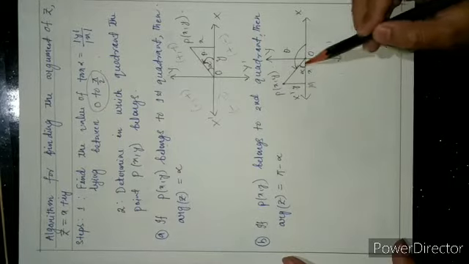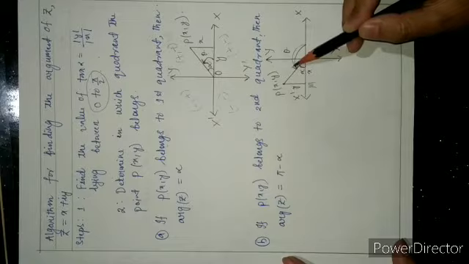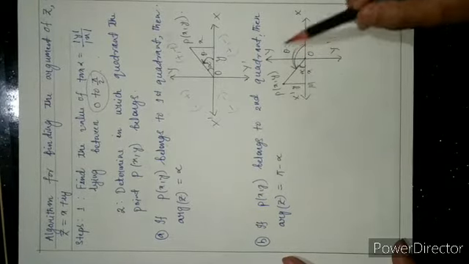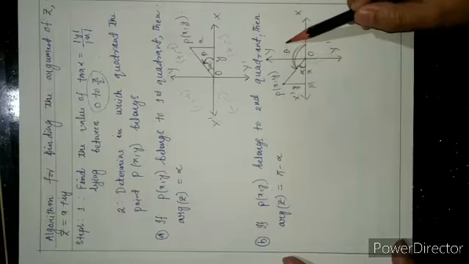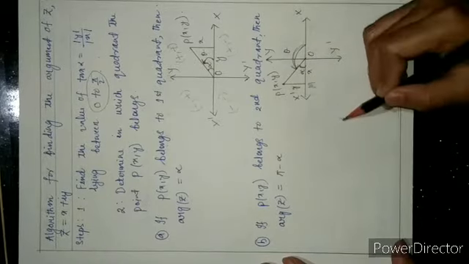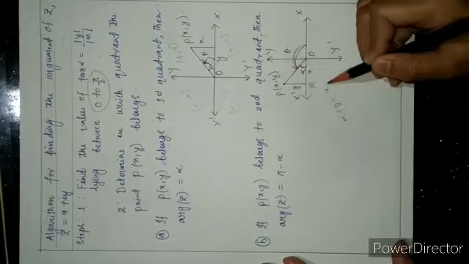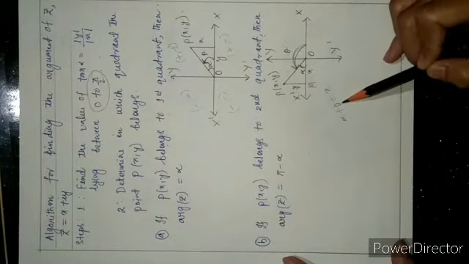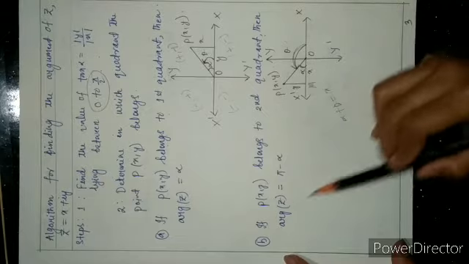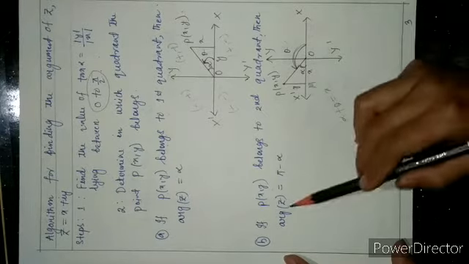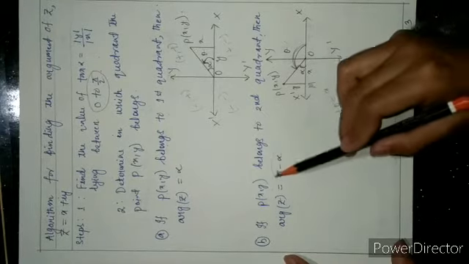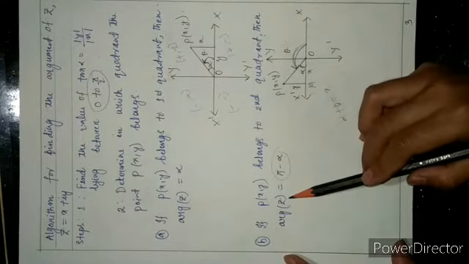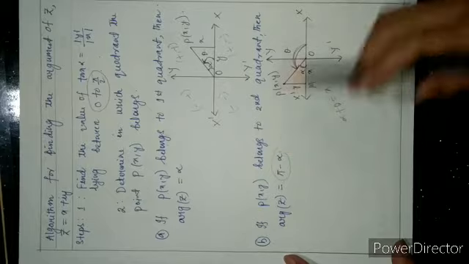In the diagram, alpha plus theta will be equal to pi, a straight angle. So this theta, the argument of z, will be equal to pi minus alpha. If the point P belongs to the second quadrant, then the argument of z is given by pi minus alpha.